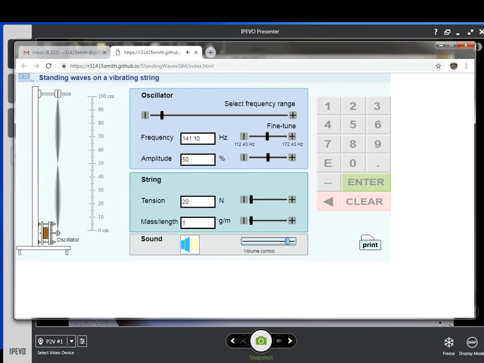Going back. Now let's continue up to higher frequencies. So this one seems to be n equals 3 at f3 is equal to 211.4.